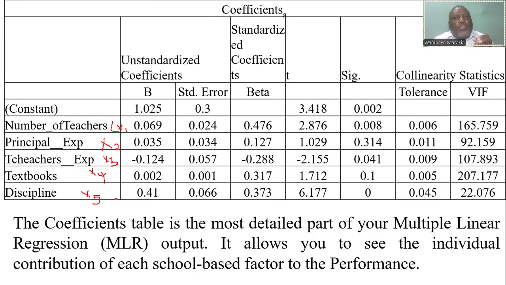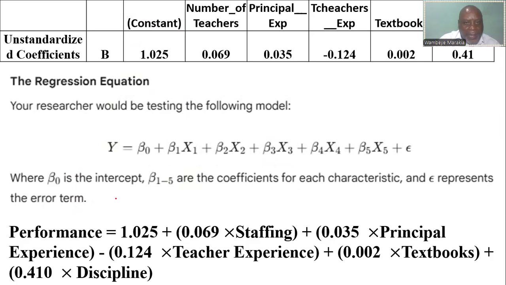This is what we are going to use now to come up with our regression model, like what I'm having here. So in the regression model, I have my constant and I have the coefficients: beta 1, beta 2, beta 3, beta 4, and beta 5.